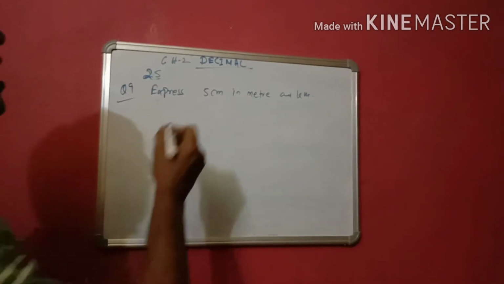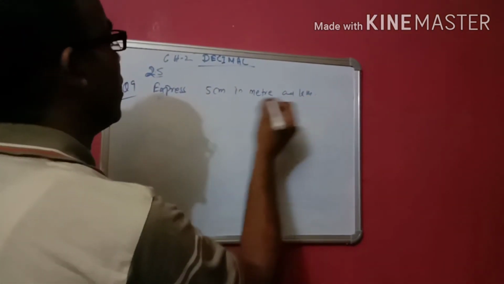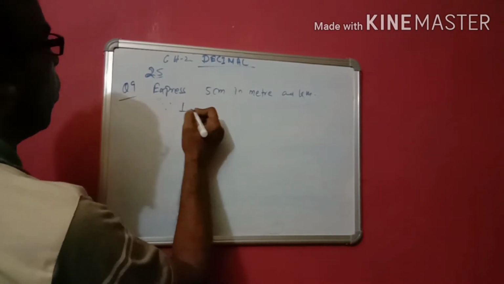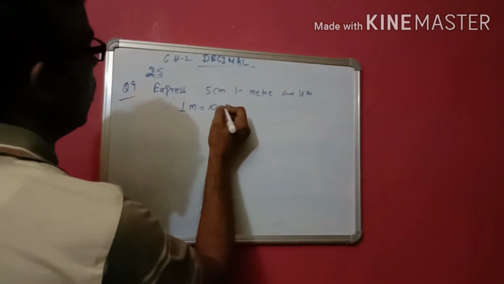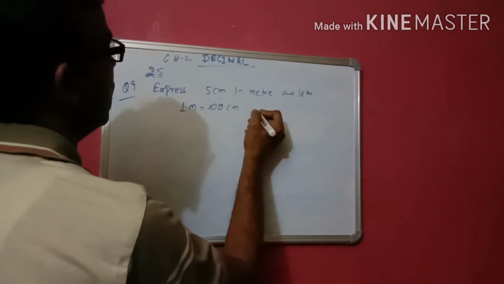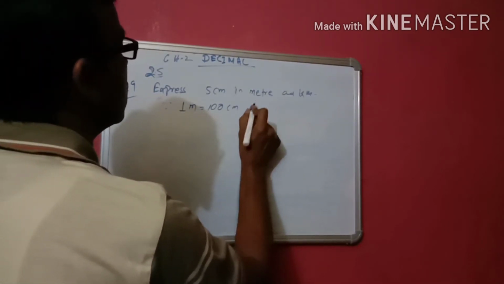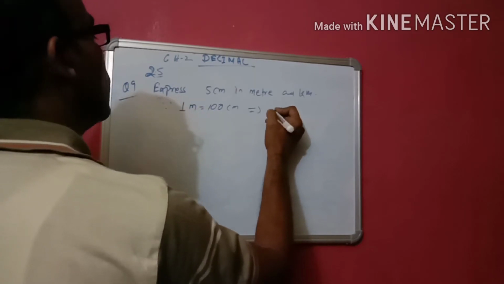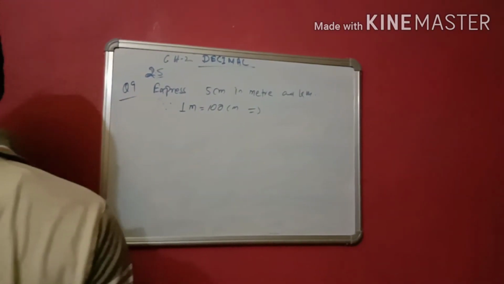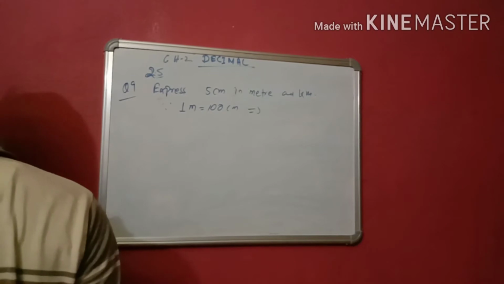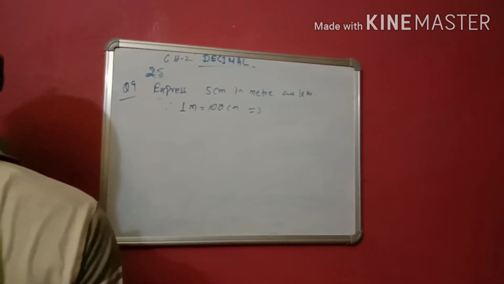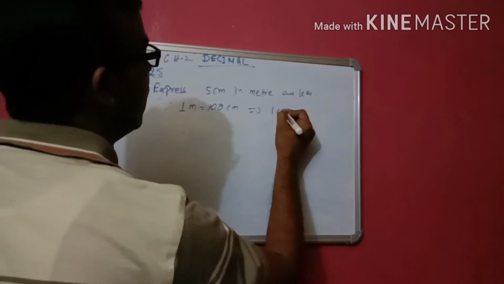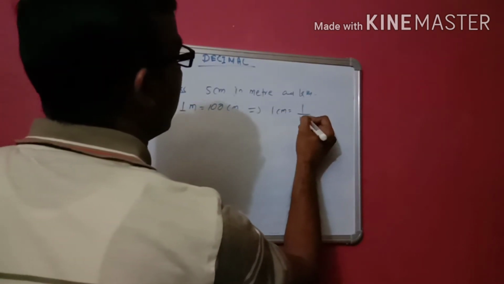Now see, express 5 centimeter in meter and kilometer. As we know, 1 meter equals 100 centimeter. Therefore 1 centimeter equals 1 by 100 meter.